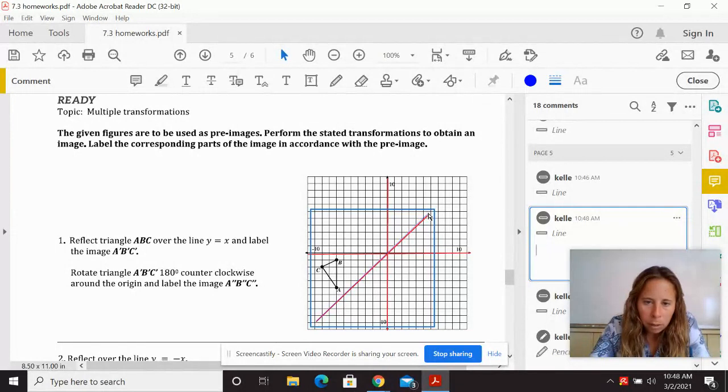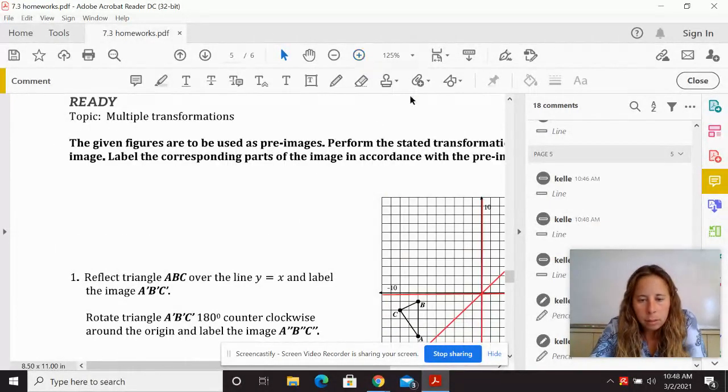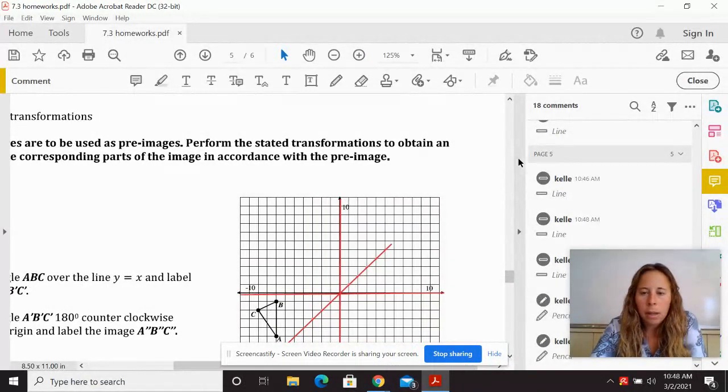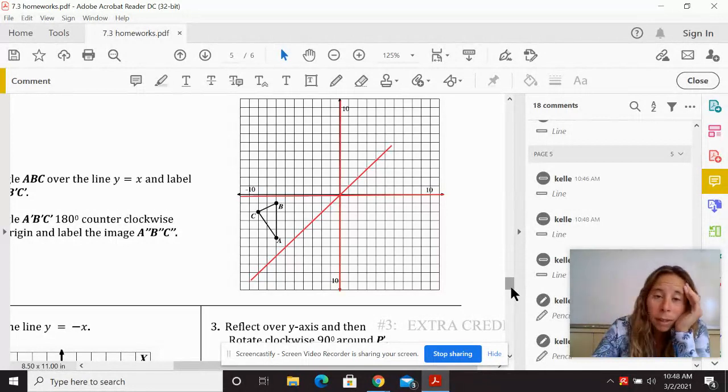Pretty good. There we go. Okay, so there's my y equals x line. So now we're just reflecting directly over this line. Everything seems really small today.